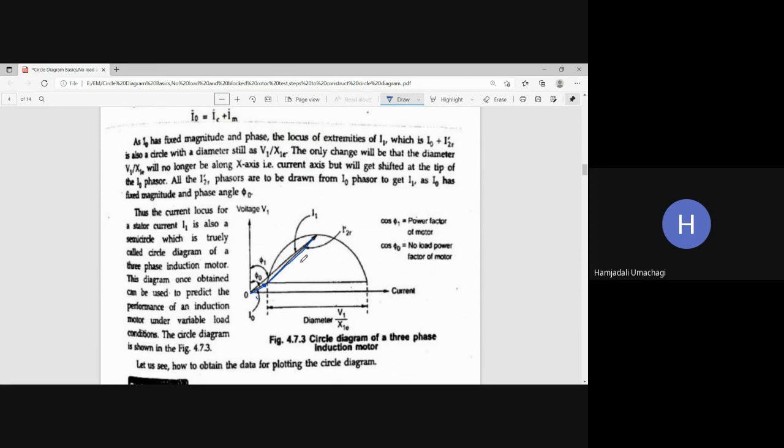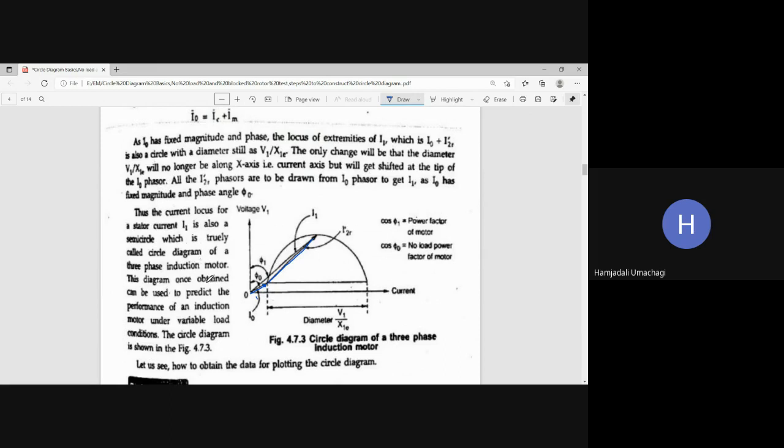So now, if you see this diagram, where I want to represent the stator current I1, the stator current I1 also has a locus similar to the circle diagram. The only thing is that the current phasor I dash 2R will start from the tip of the no load current I naught. So the vector sum of I naught and I dash 2R gives us the stator current I1.